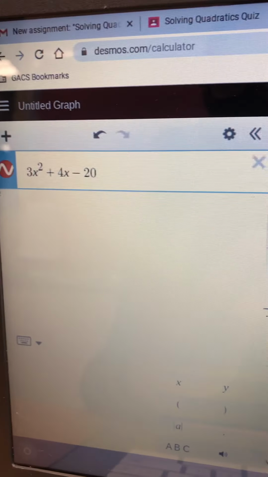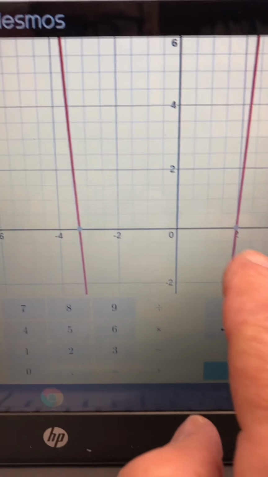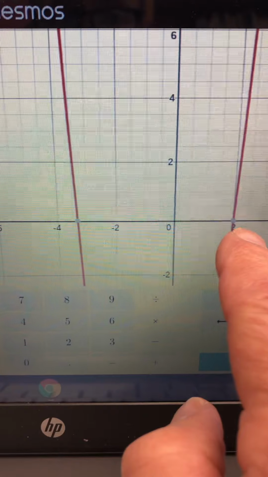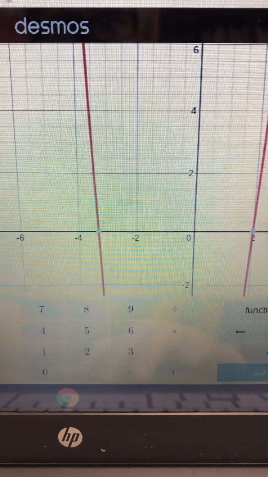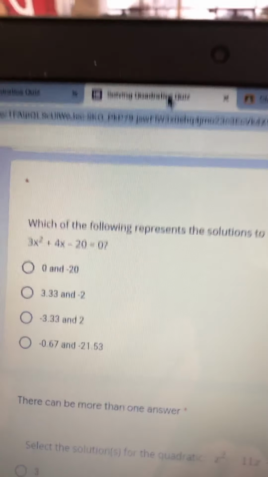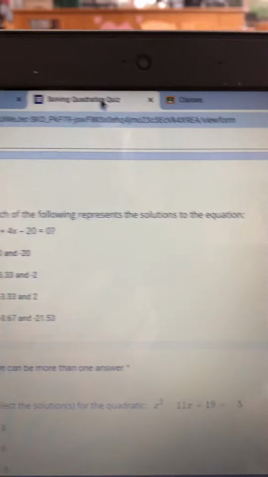Once you get it all in there, click on those gray points where it crosses the x-axis, and it will give you the coordinates you need for that problem.